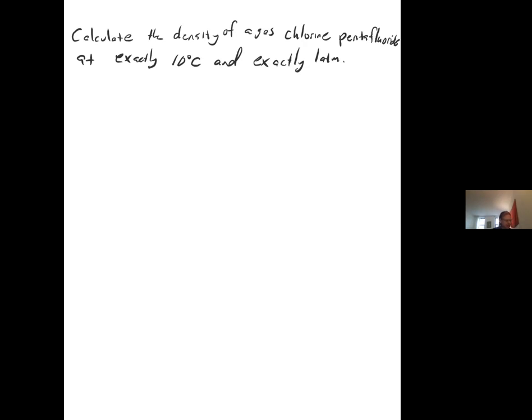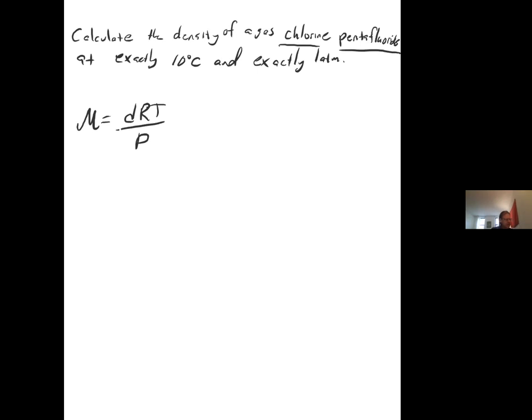Okay, so in this particular case, if we wanted to know the density, you've got to know the mass and the volume. So again, there's more than one way to deal with this, but you can certainly use this one, because we know what gas it is.